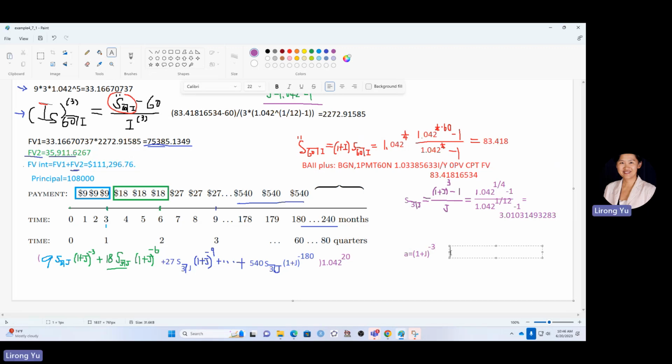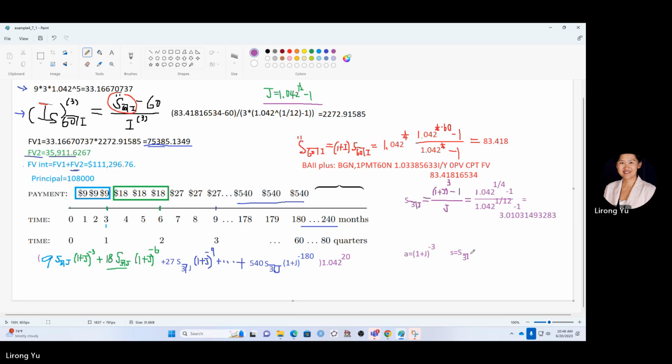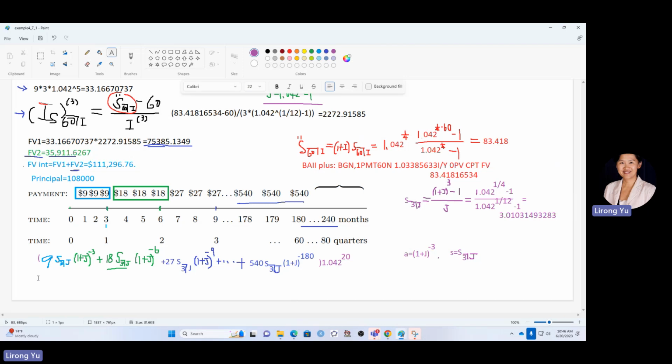And then let's say S represents the future value formula S3J, since writing it multiple times seems to be time consuming. So with this notation, this calculation becomes this. Let's try to simplify it. It's going to be 9 S A plus 18 S A to the power of 2.